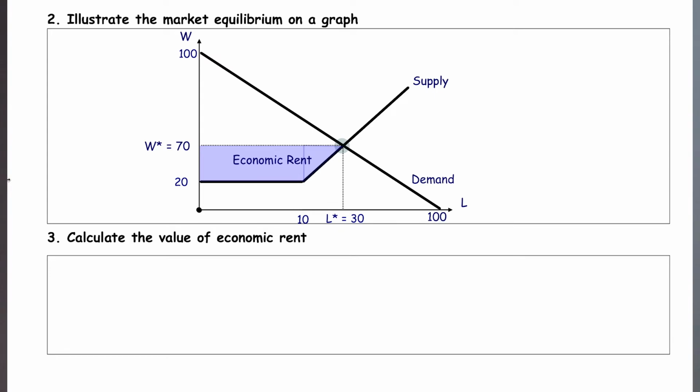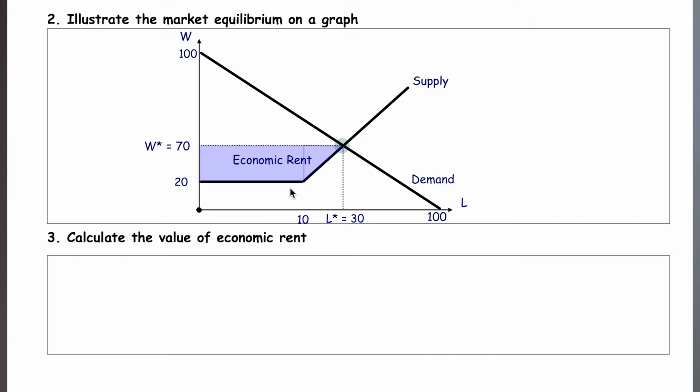In order to calculate the economic rent, we're essentially going to break this area down into 2 familiar shapes, perhaps a rectangle and a triangle. And then we can simply add up those 2 areas individually to determine the total value of economic rent. I remind you that whenever you're finding the area of a rectangle, it's simply base times height. However, when you're finding the area of a triangle, it is base times height divided by 2, simply because triangles are half rectangles.